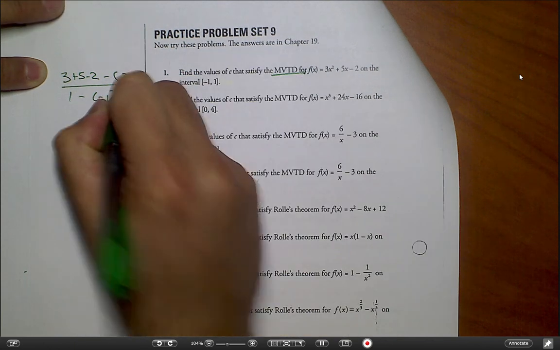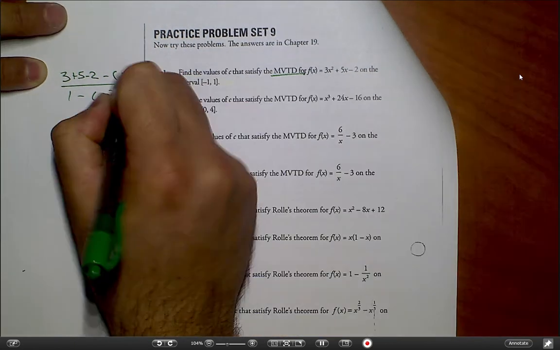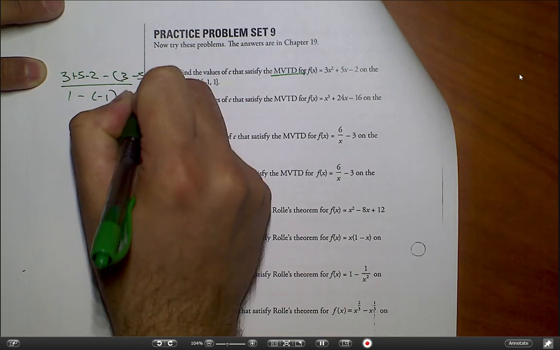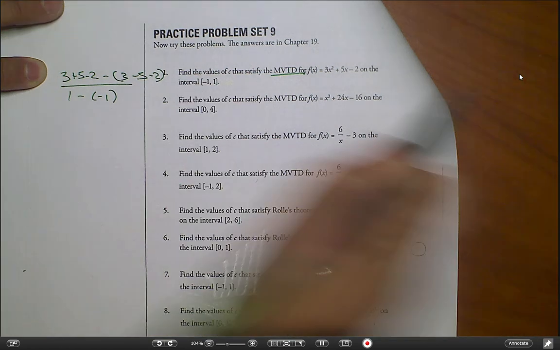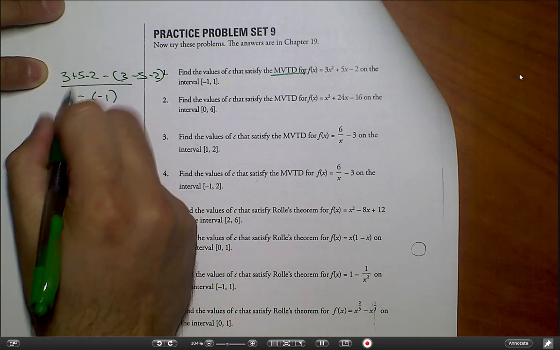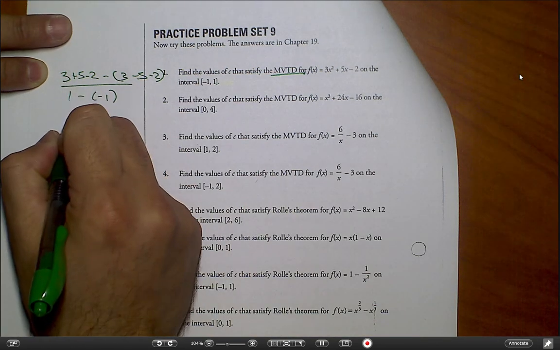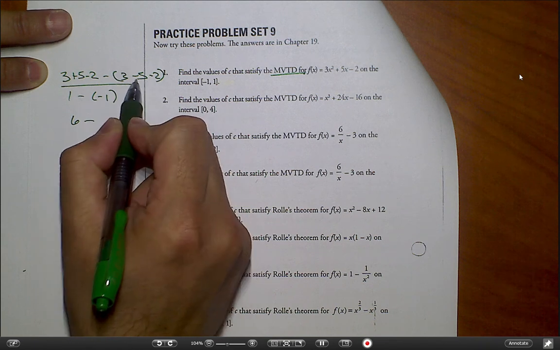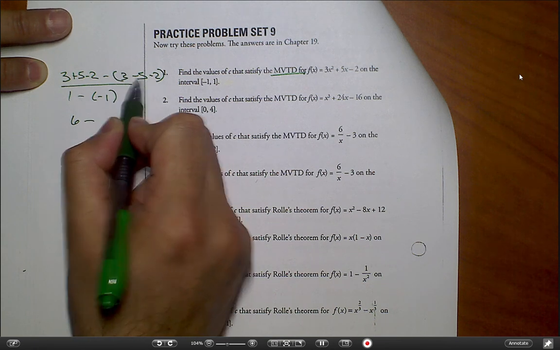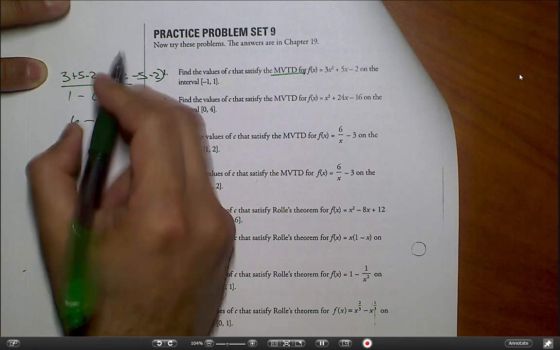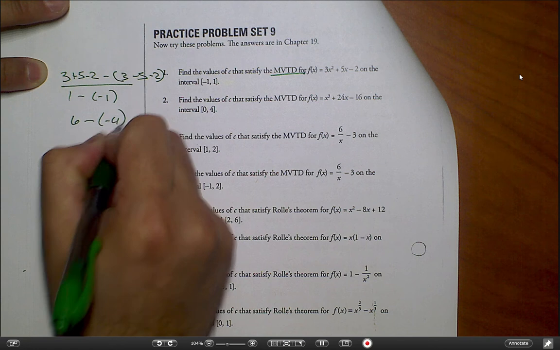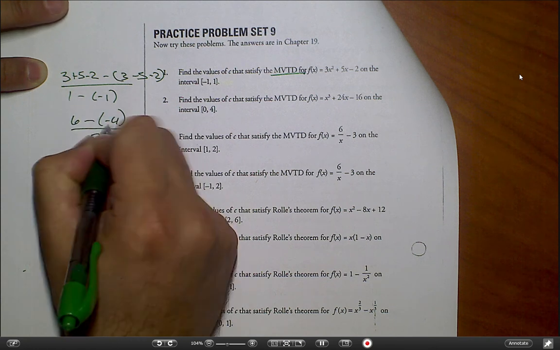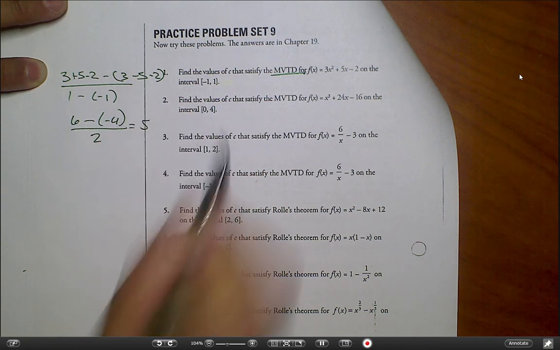That's going to be 3 minus 5 and minus 2. So that's going to give me 8 minus 2 is 6, and minus negative 7, negative 4 over 2, which is 10 over 4, which I get 5.